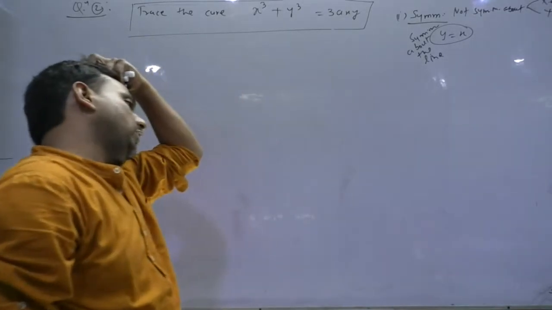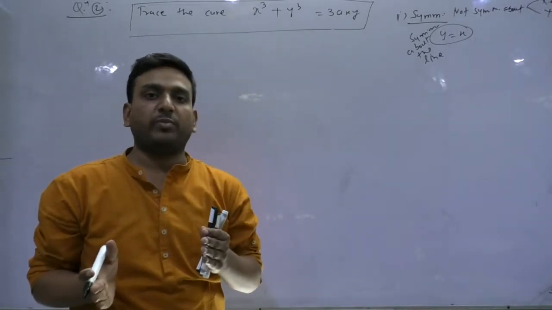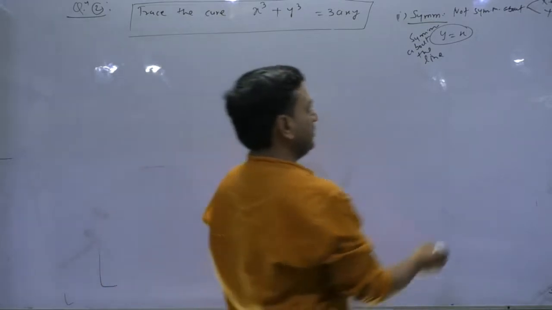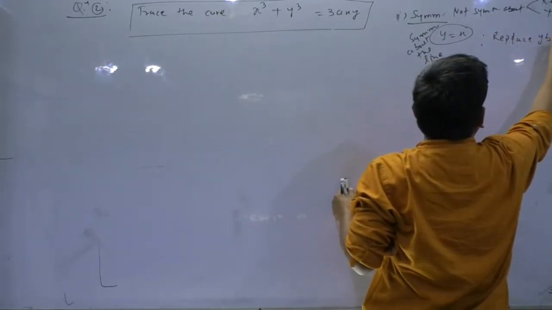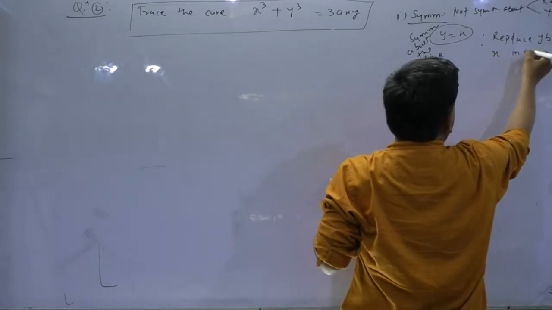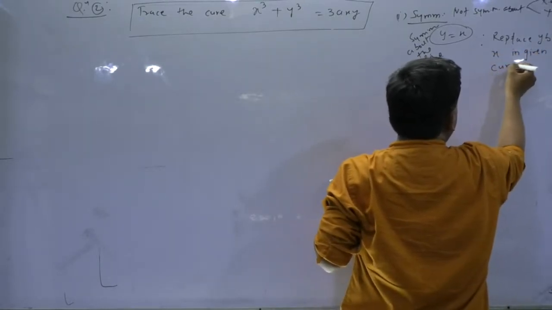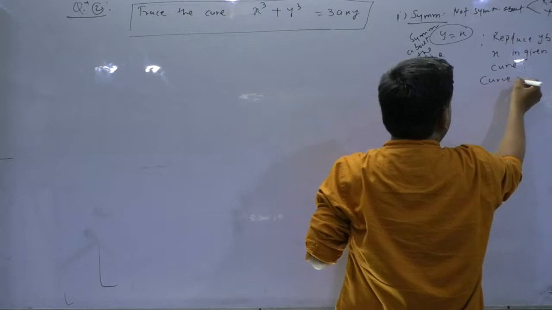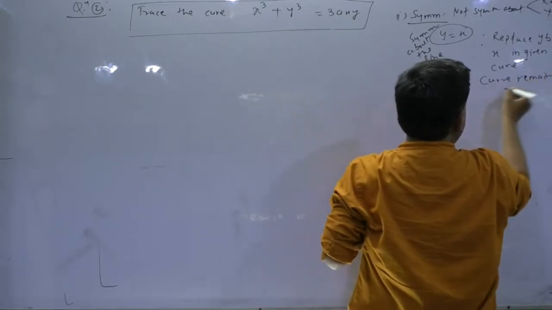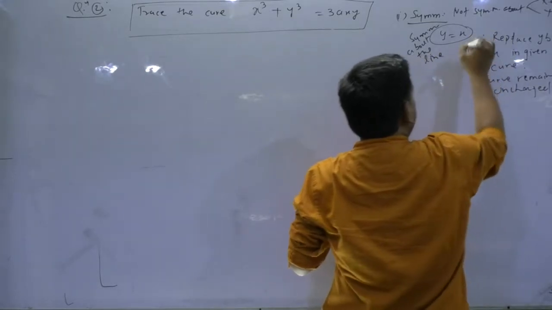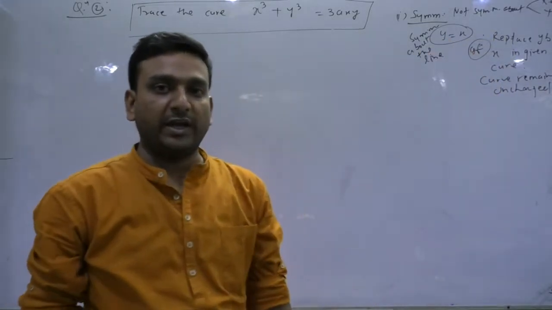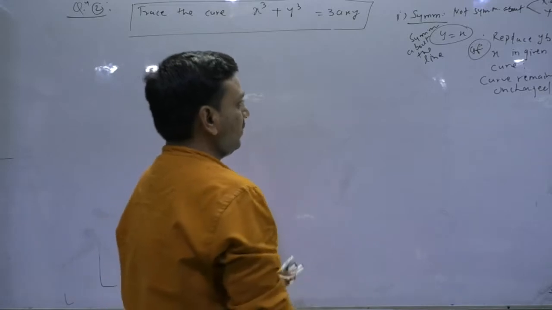If I want to check the symmetry about the line y equals x, the procedure is to replace y by x and x by y in the given curve, and if the curve remains unchanged, then we will say that the curve is symmetrical about the line y equals x.